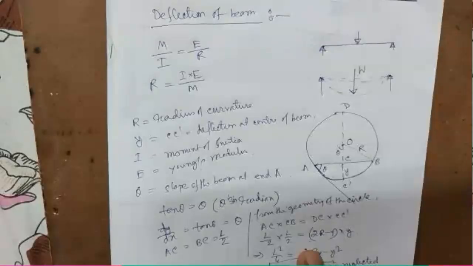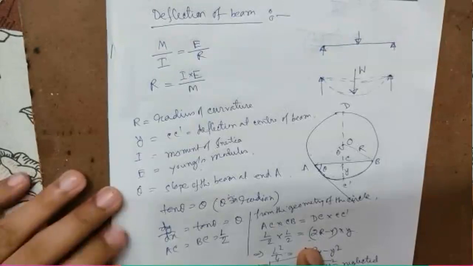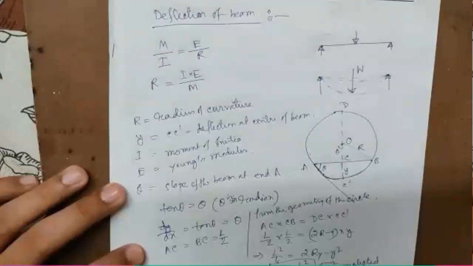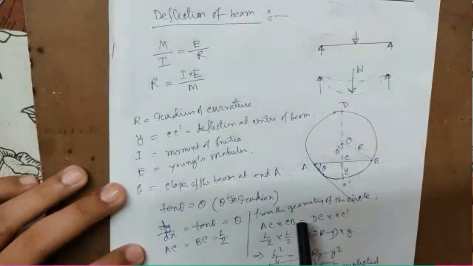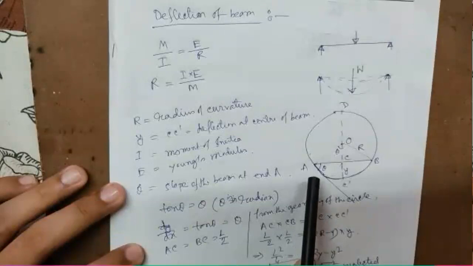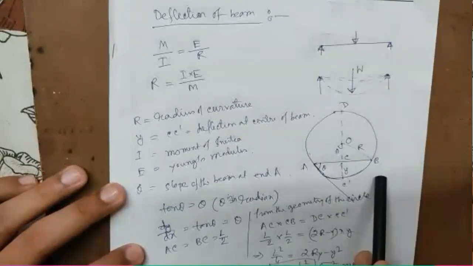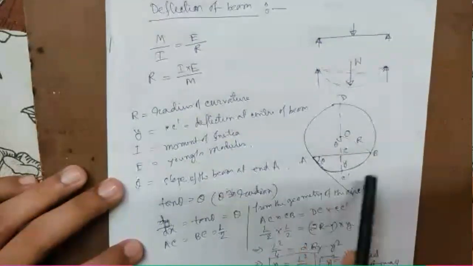We are loading bending moment M, which is constant, provided in here. Then this ACB beam will be bent in a circular arc, and that beam will take position as AC dot B.